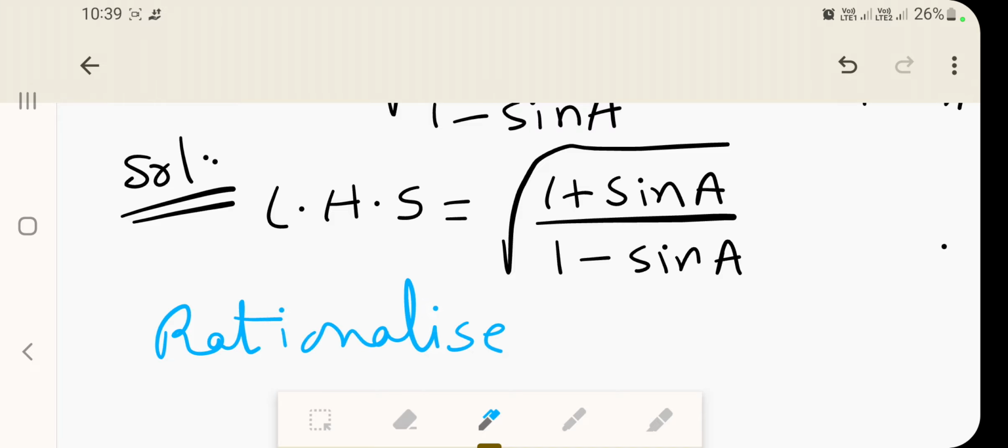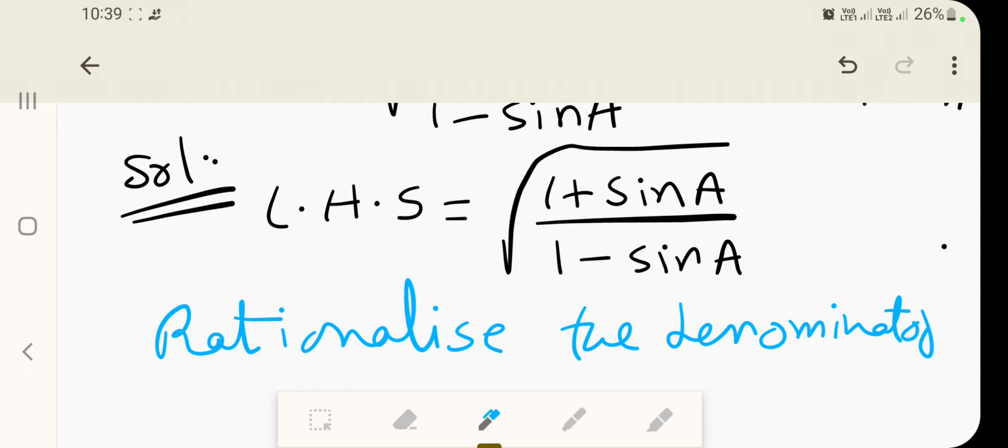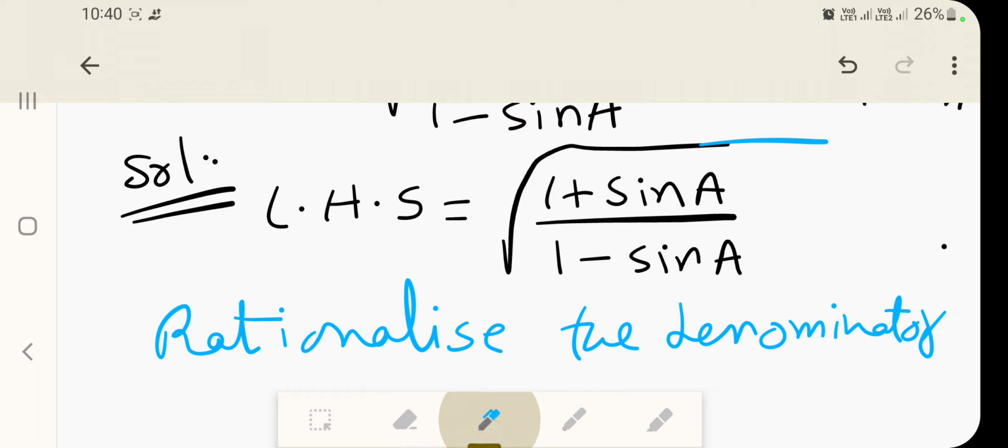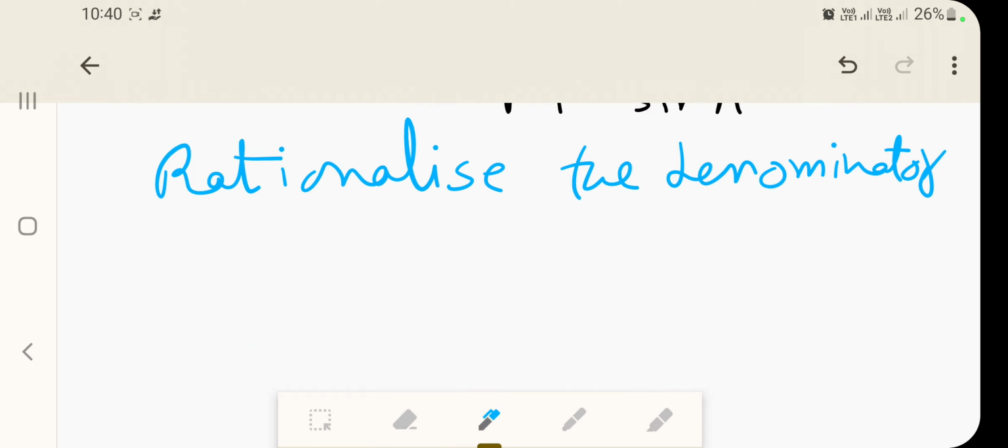Rationalizing the denominator means we are going to multiply numerator and denominator with 1 plus sine A, since the denominator is given as 1 minus sine A. That is called rationalizing.